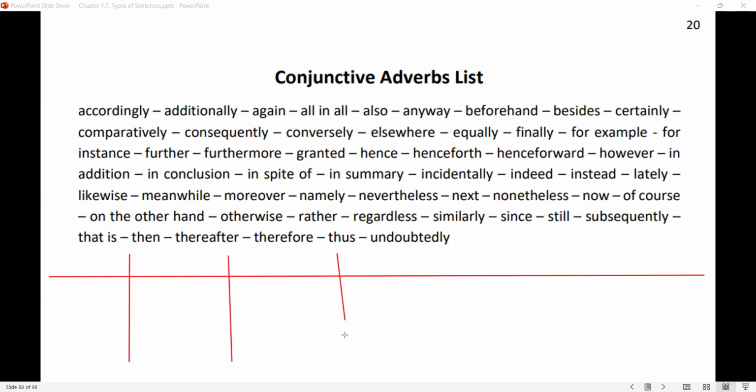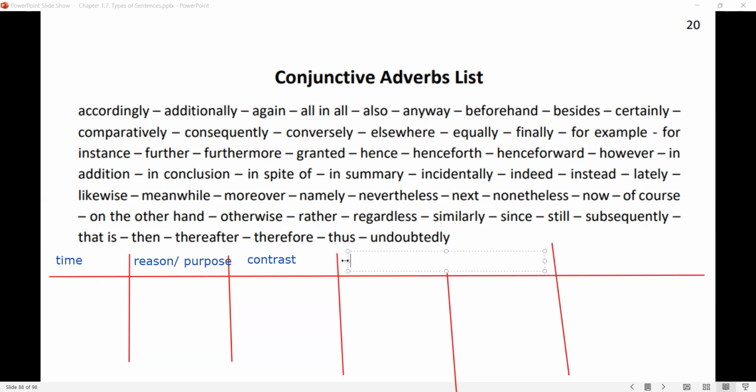For example, I would just write adverbs, adverbial conjunctive adverbs. For example, time. I would make a list. Reason or purpose. I would just type them in one place. You can just separate them by yourself if you like. This is your list. And then contrast.